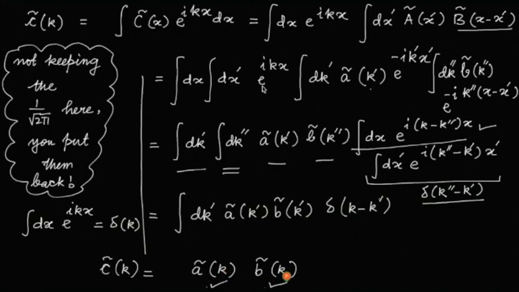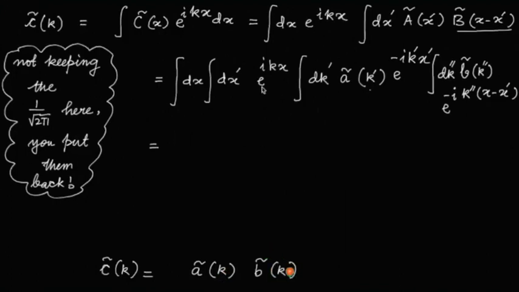And that's the convolution theorem, which tells you that if A and B are related by convolution in one domain, in the Fourier domain they will be related by multiplication, and this is of a lot of help in a lot of algorithms that we use with the Fourier transform.